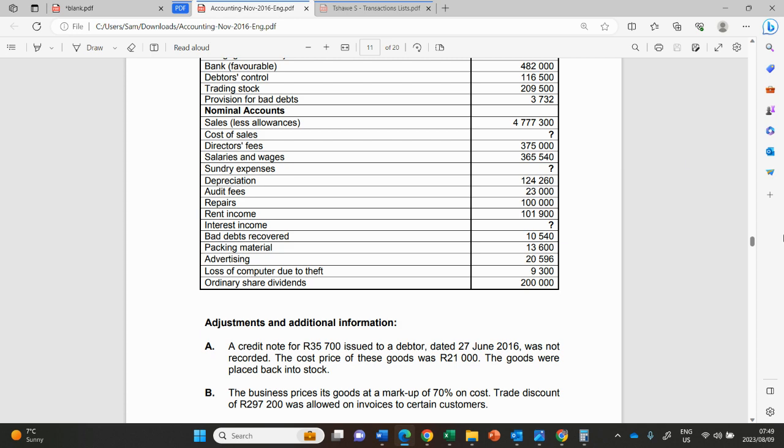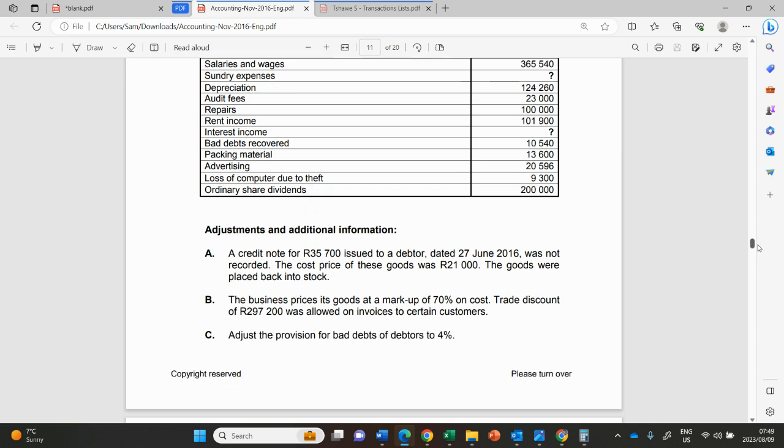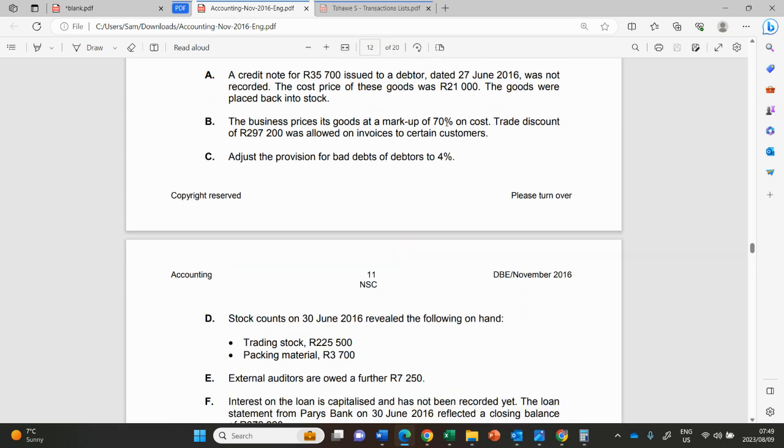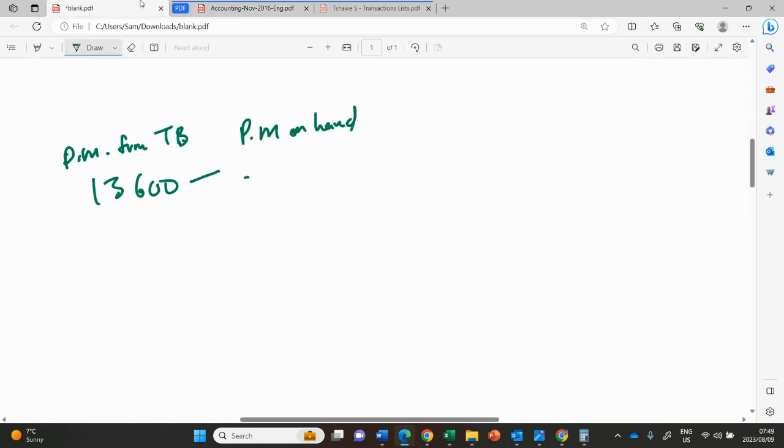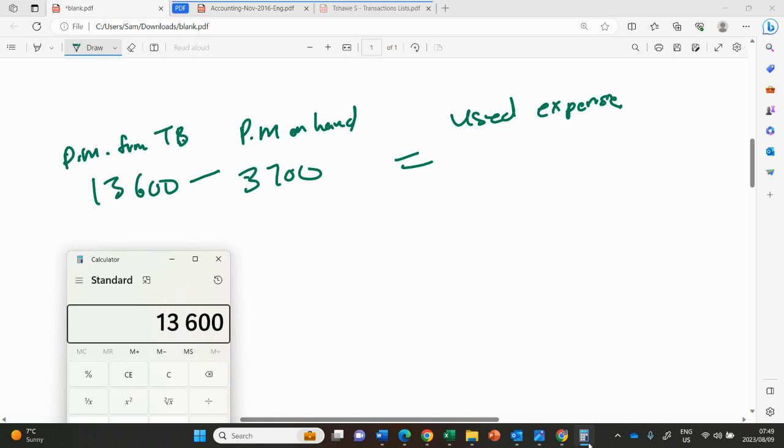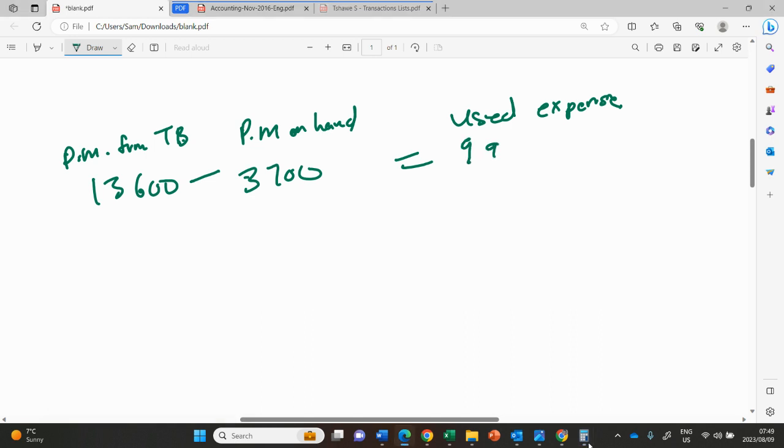Let's go there. Of 3,700. Then we get the used expense. So the used expense there, that will be how much? Let's check. 13,600 minus 3,700. So the 9,900 is the one that was used.